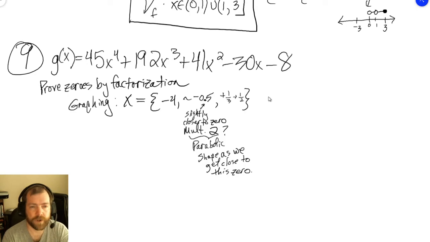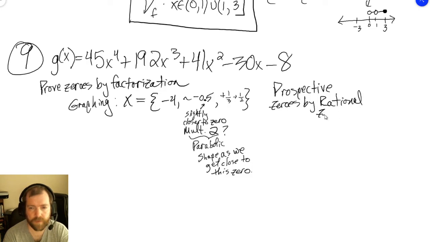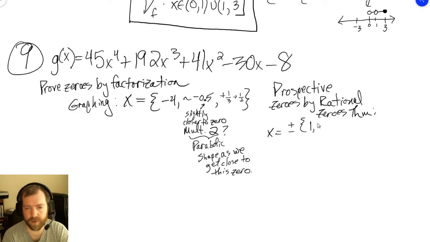All right, so this is what you can get by graphing. Then what you'd want to do is look at the prospective zeros by the rational zeros theorem. Rational zeros theorem says that x could be any plus or minus the factors of the last term, so 1, 2, 4, and 8, over the factors of the first term, 45.